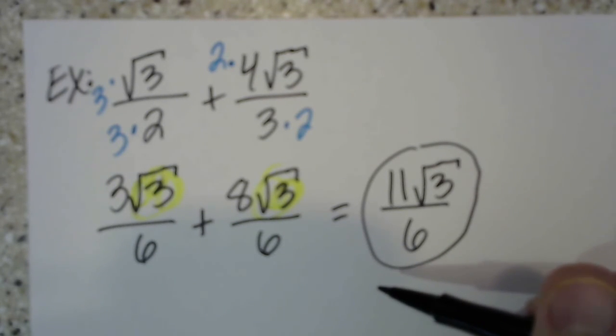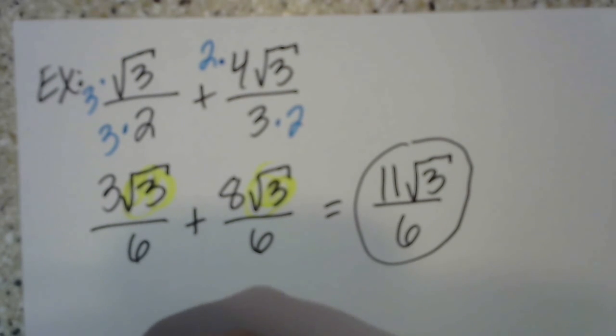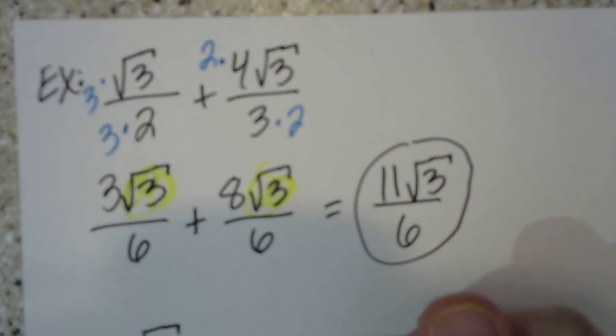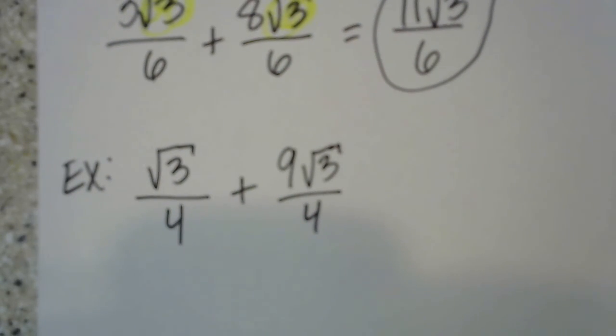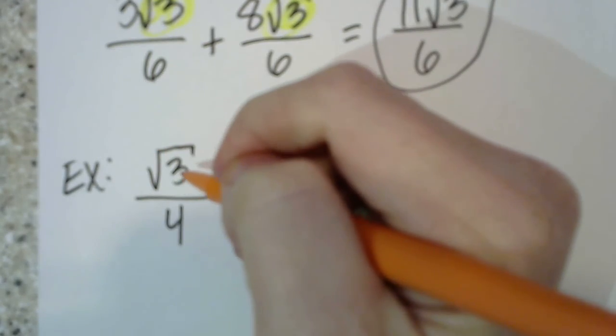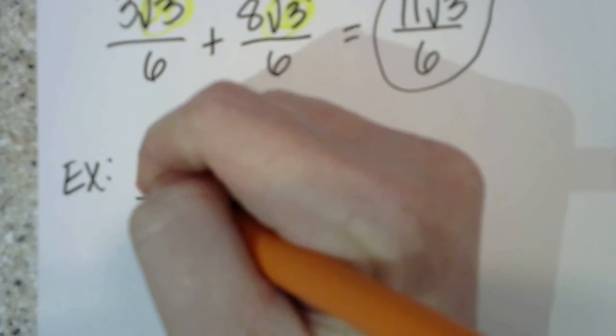So let's say we had this problem. Radical 3 over 4 plus 9 radical 3 over 4. So I'm going to make this one easier for you because we already know how to get a common denominator. But I'm also going to kind of remind you about the invisible 1. Just like a variable, if there's nothing in front of a radical, it's understood to be a 1.